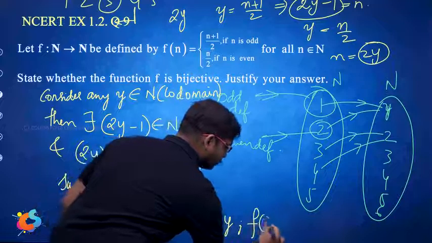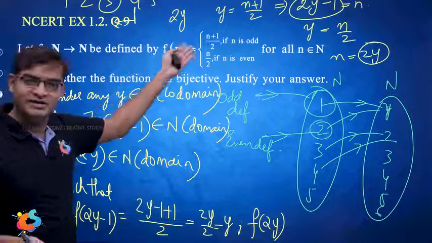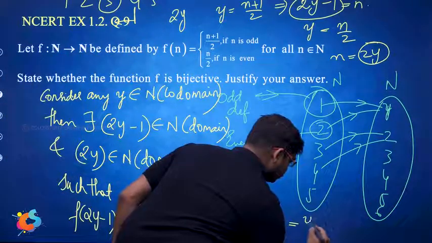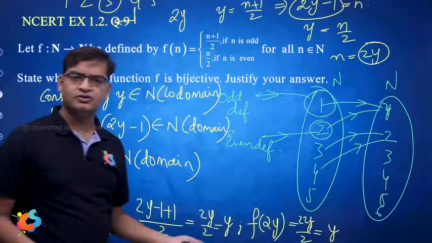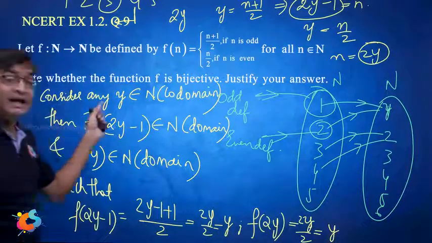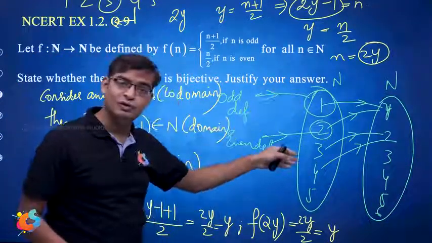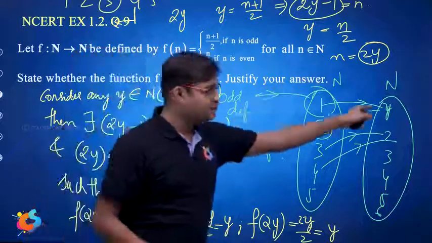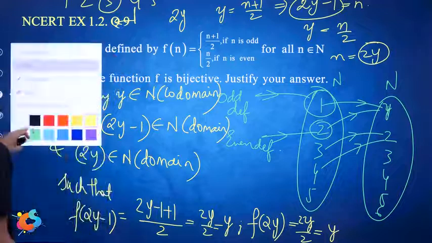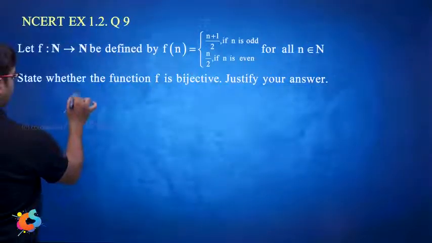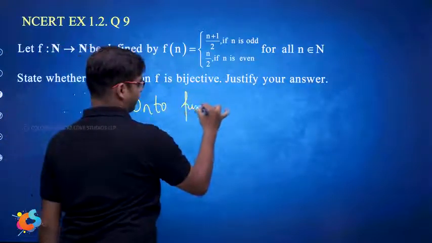And that is f of 2y. What is the input? Even number. So if it is an even number, you have to use this definition. So therefore, this is equal to 2y divided by 2, which is equal to y. That's all. So for any y belonging to our codomain, we have 2y minus 1 and 2y such that f of 2y minus 1 is y, f of 2y is also y. So therefore f is onto function.